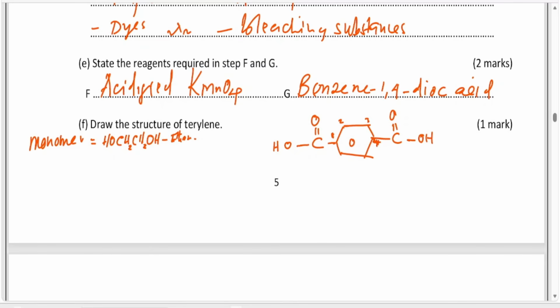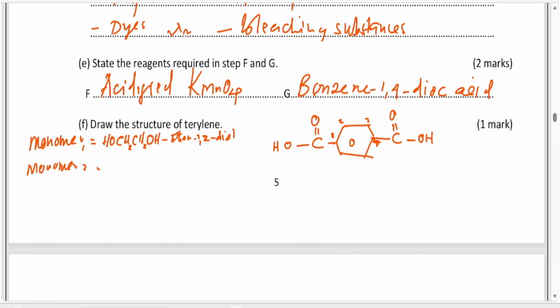Ethane-1,2-diol, not dioic acid. And then we have monomer 2.